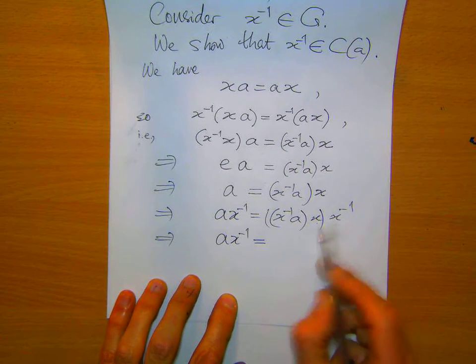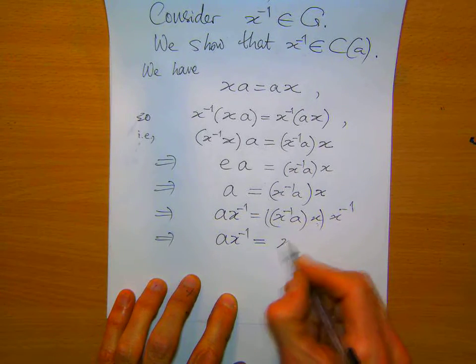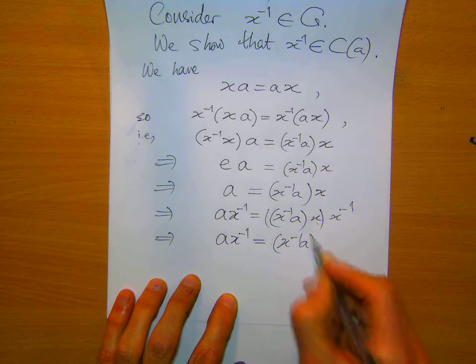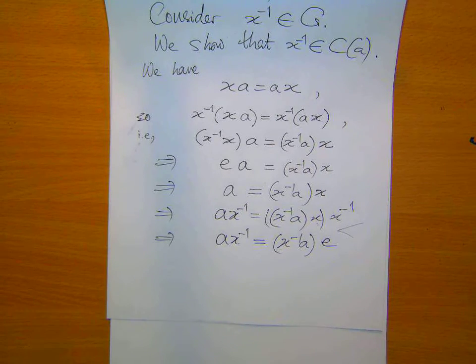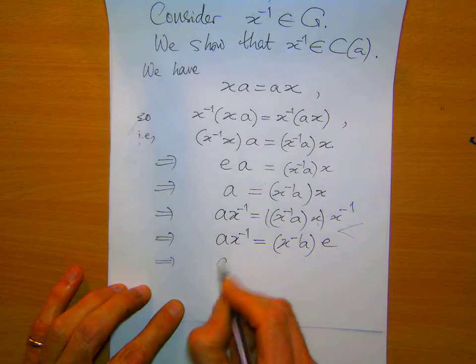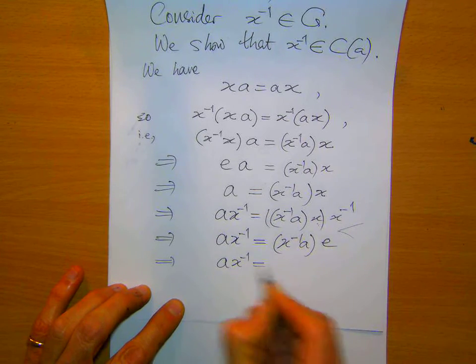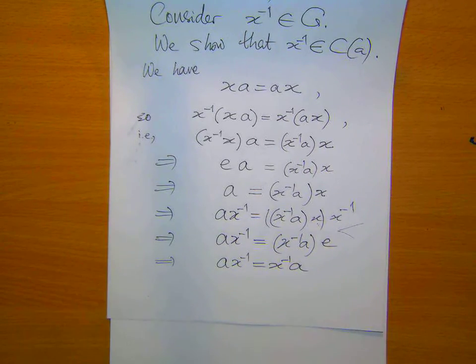I've got x x inverse there, which is the identity. So I've missed a line or two out there. Using associativity, I end up with A x inverse equals x inverse A.